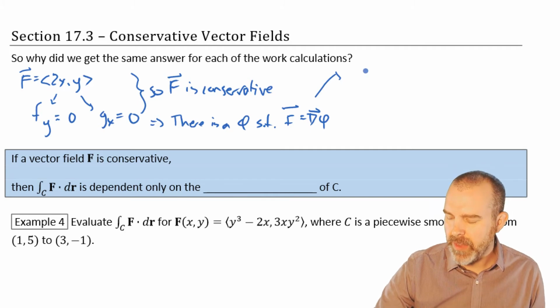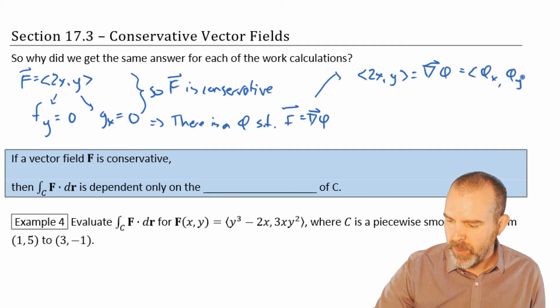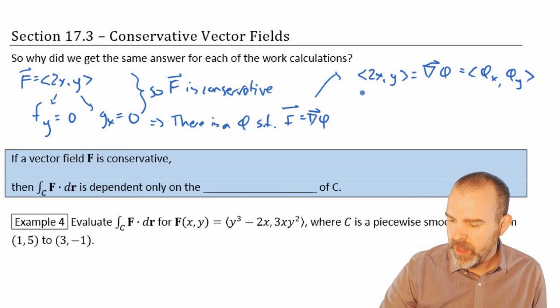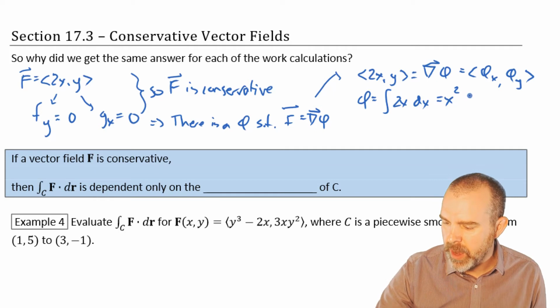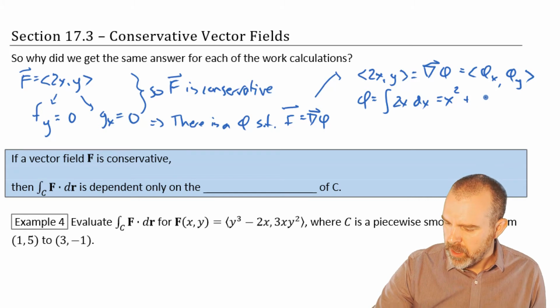Well, if our field 2x comma y is equal to the gradient of phi, phi with respect to x, phi with respect to y, we can do a quick derivation here. Phi must be equal to the integral of 2x dx, because that's the derivative with respect to x. So that's x squared plus some function of y, we'll call it c of y. If we take the derivative with respect to y, we get c prime of y.